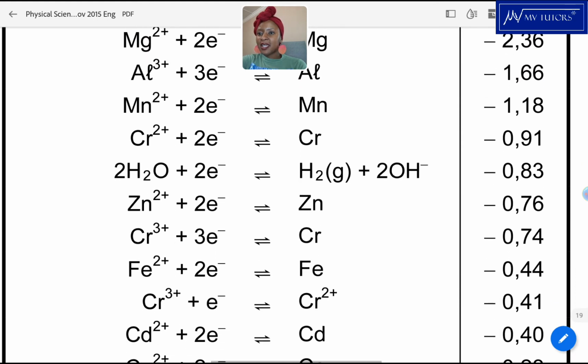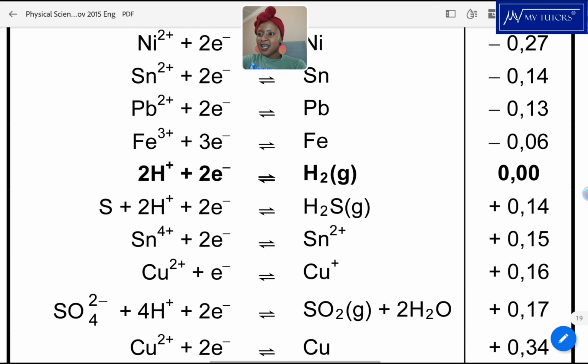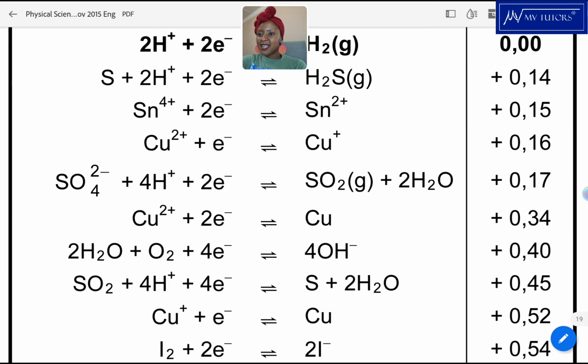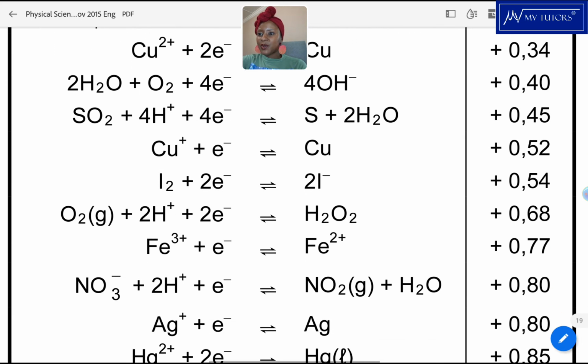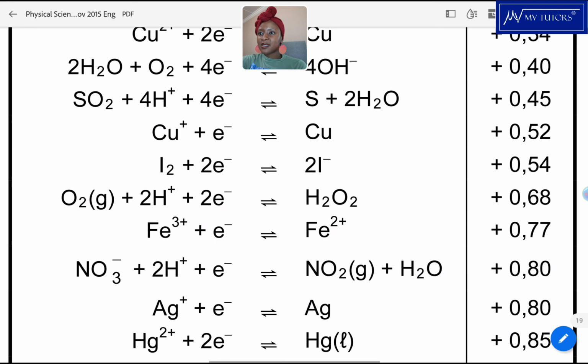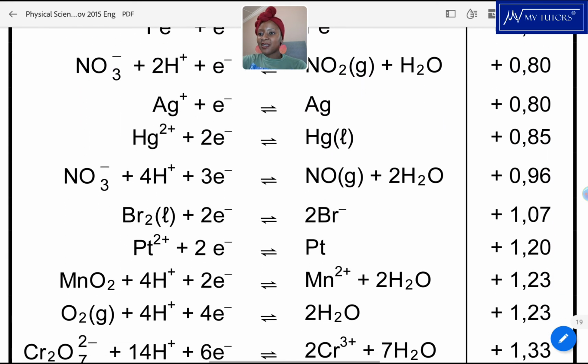Okay, I'm not seeing anything. We're supposed to get the oxide ions, and I'm not seeing them here.